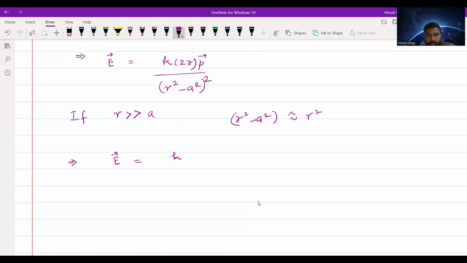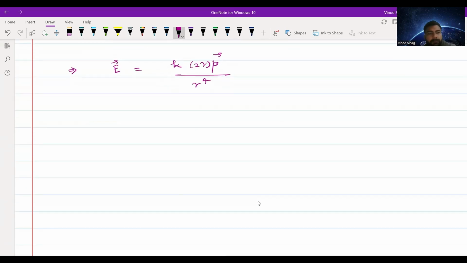E vector equals K into 2R into P vector upon this R square squared, so it will be R to the fourth. This R will cancel with R to the fourth, its power will be reduced by one, so it will be 2kP vector upon R cube, 2kP vector divided by R cube.